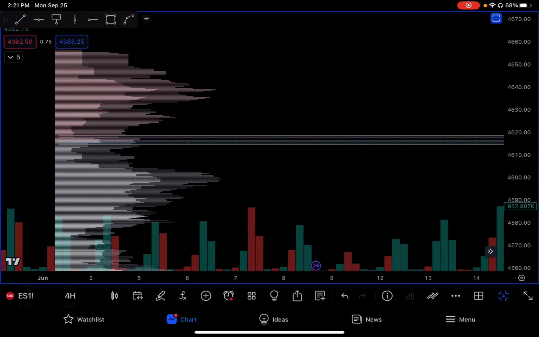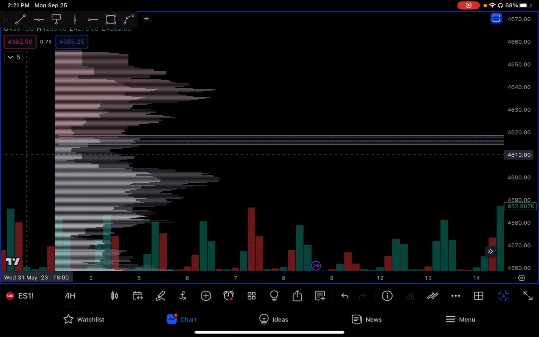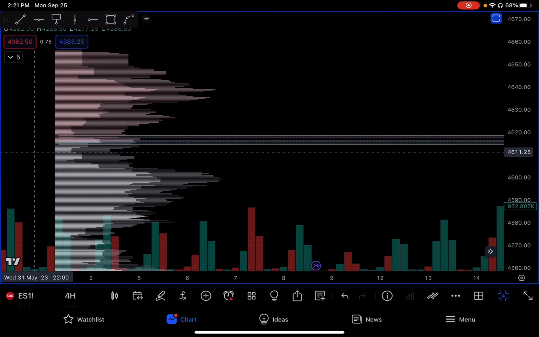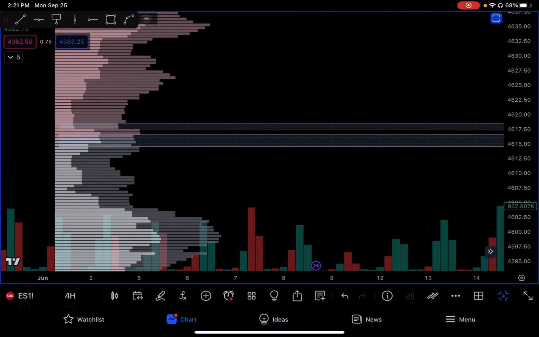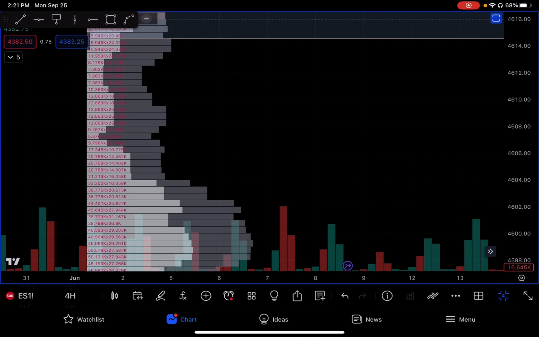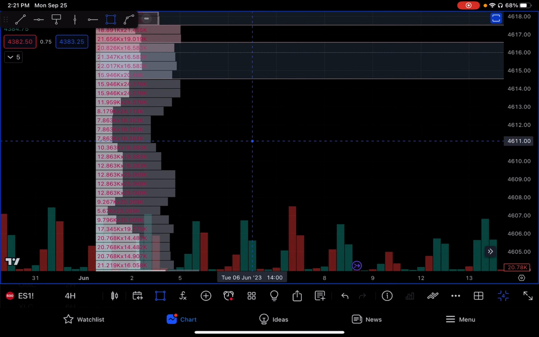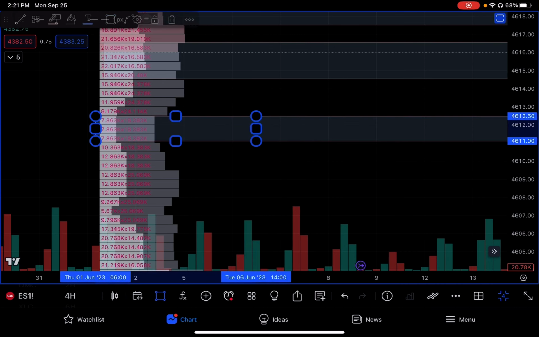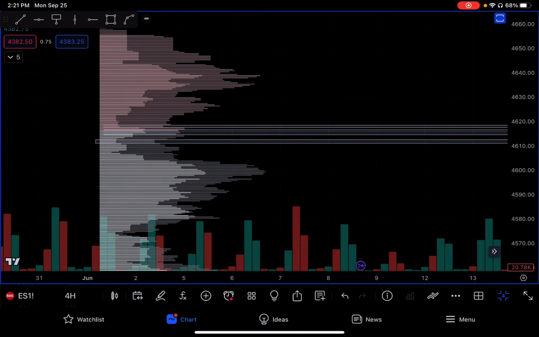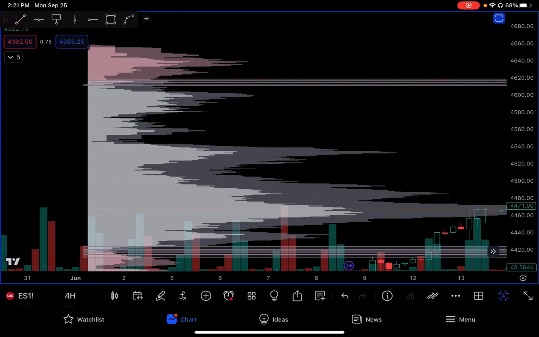Okay, so there's that one. But then we kind of have this LVN here right before value that's going to be really significant. So we'll put one there as well, because that's going to tell me if price is possibly going to liquidity out of value. Okay, so we got those done so far.